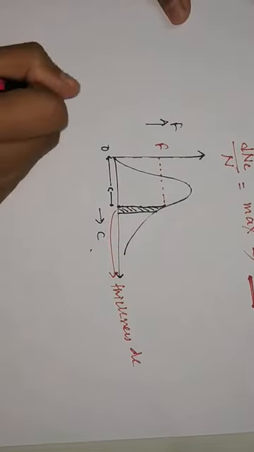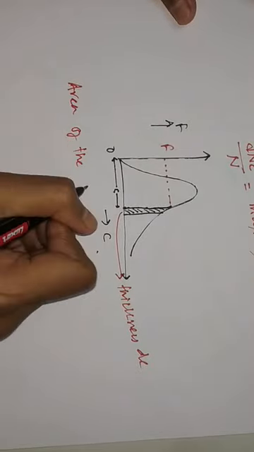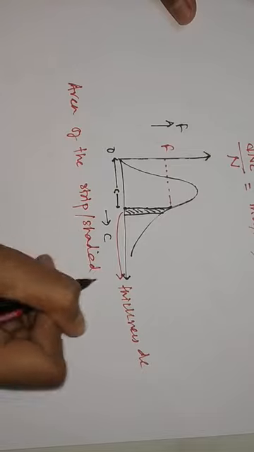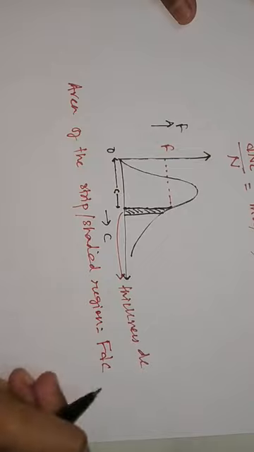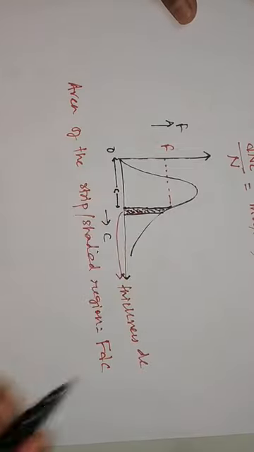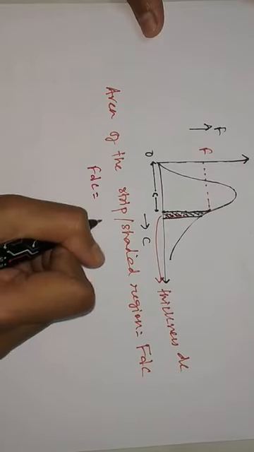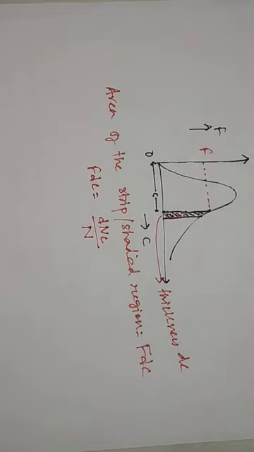Therefore, what is the area of the shaded region? The area of the strip is f dc. And if you remember, f dc was dn_c by n.